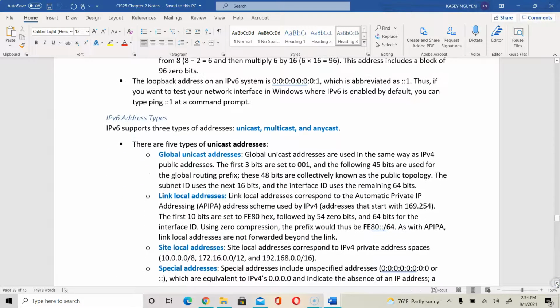In version 6, it uses global unicast, and unicast address is how it would send out to one specific source or one certain destination. It also uses link local addresses, site local addresses, and special addresses. And when you look at an IP version 6 address, you would see that it would be separated by the colon. Compared to version 4, we would use the dot or the period.